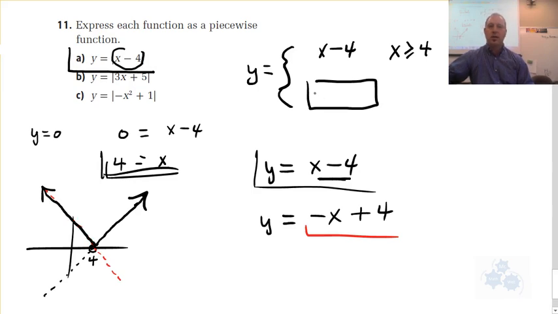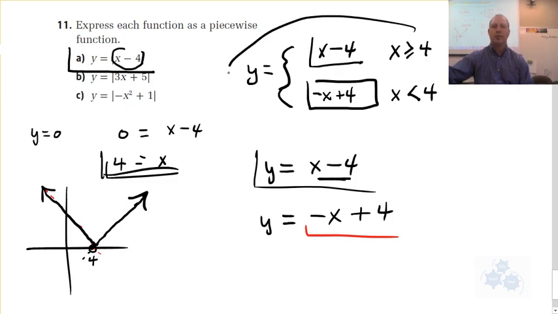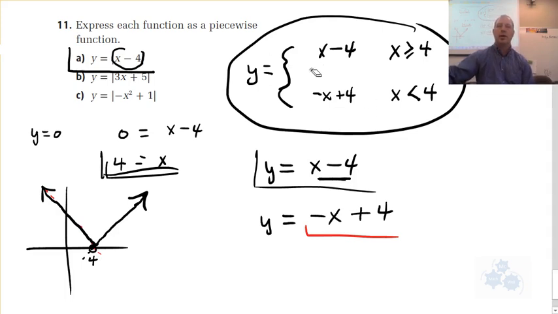So it's going to be negative x plus 4 when x is less than 4. Okay. And that's how you express that as a piecewise. Right here. Questions on that? You guys good?